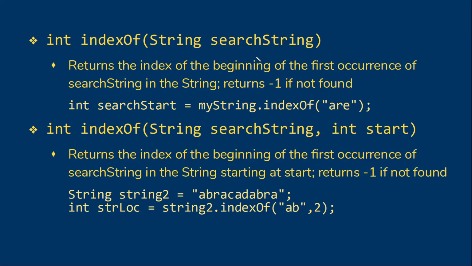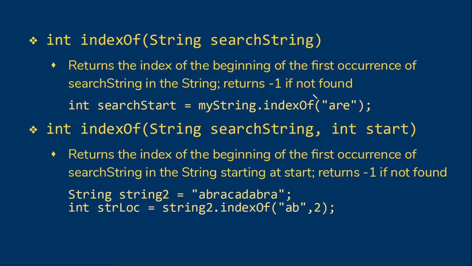indexOf is nice if we want to figure out where something is in a string. We have a few versions of indexOf. This first one takes a string. So this is one or more characters we want to match. Theoretically, you could do it with the empty string, but don't, because that's a bad idea. It's going to return the index of the beginning of the first occurrence of the search string in the string.